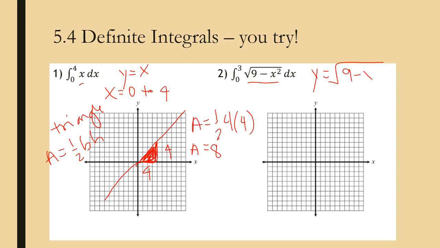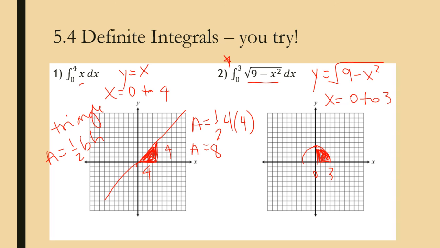9 minus x squared. And when you graph it, it definitely is a half. There we go. But pay attention, this interval, it's not always going to be the full one. This is from 0 to 3. 0 to 3 is only a quarter of the circle.